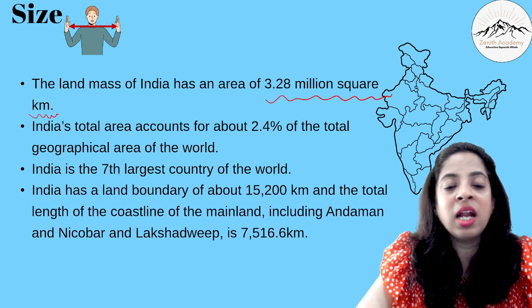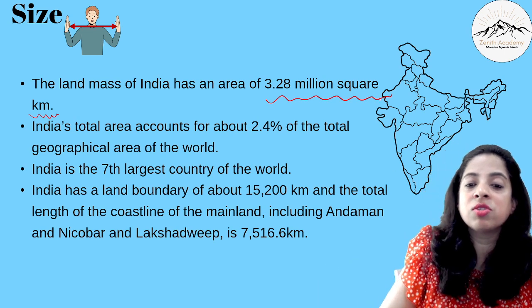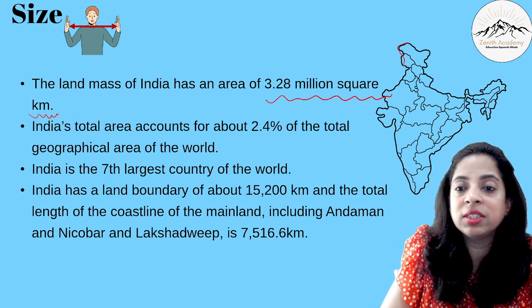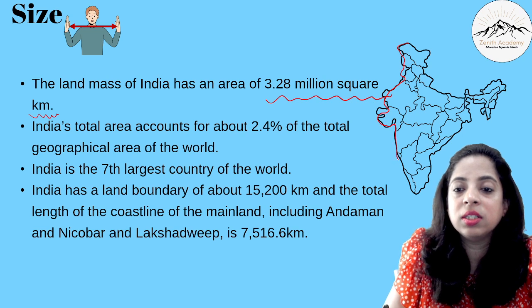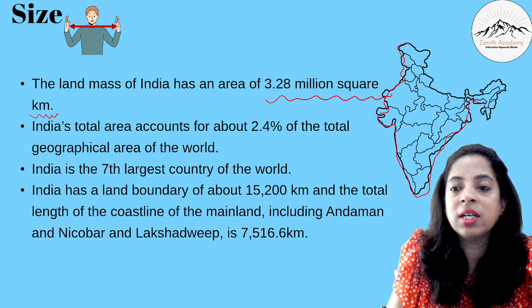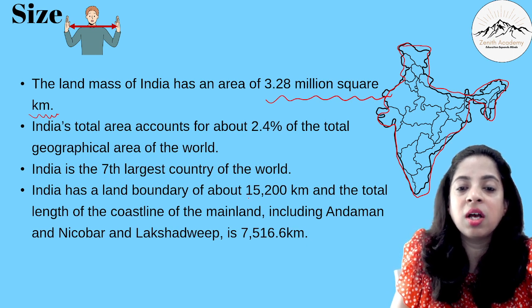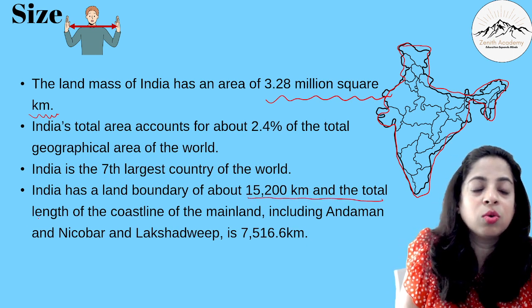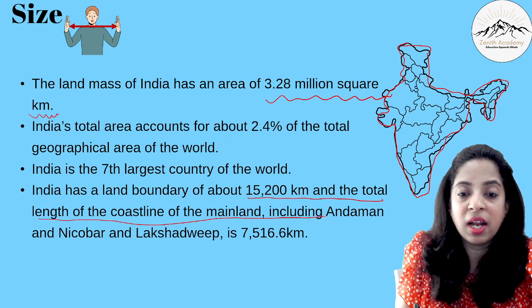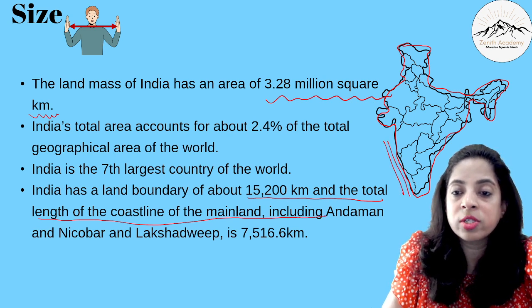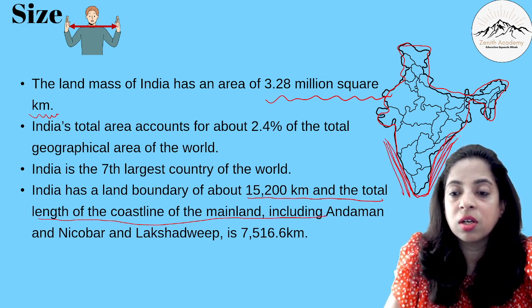India has a land boundary of about 15,200 kilometers. Land boundary means this boundary. See, this boundary is considered as land boundary. So the total land boundary is 15,200 kilometers, and the total length of the coastline of the mainland, including Andaman and Nicobar and Lakshadweep, is 7,506.6 kilometers. This is the coastline, near the coast.